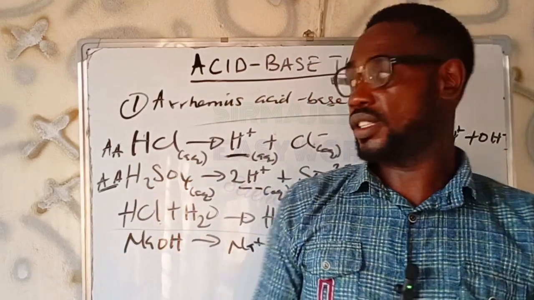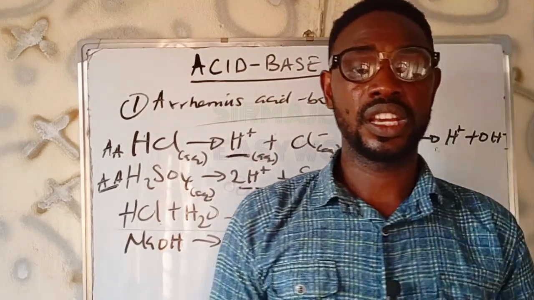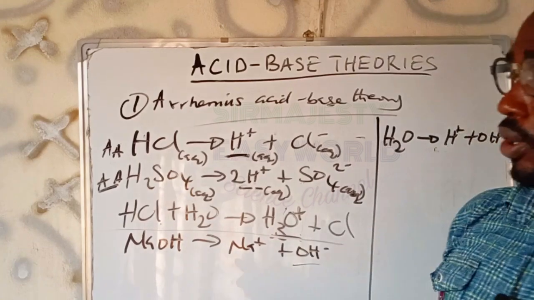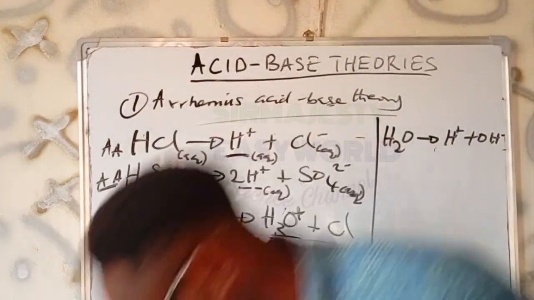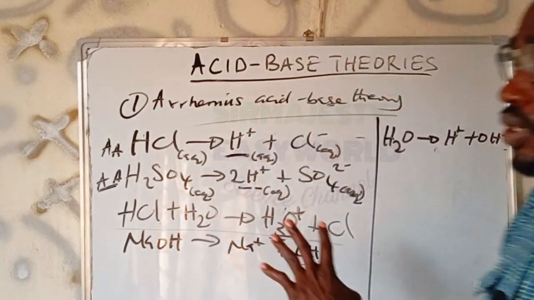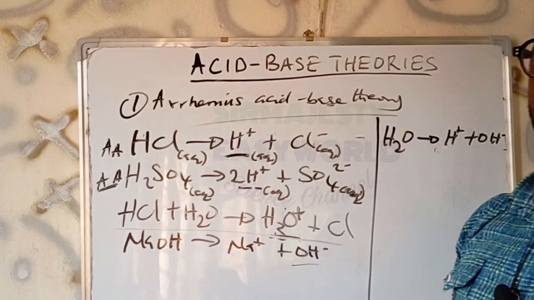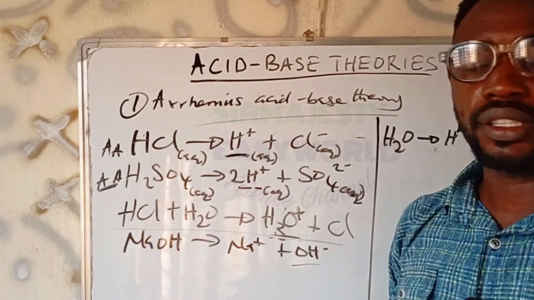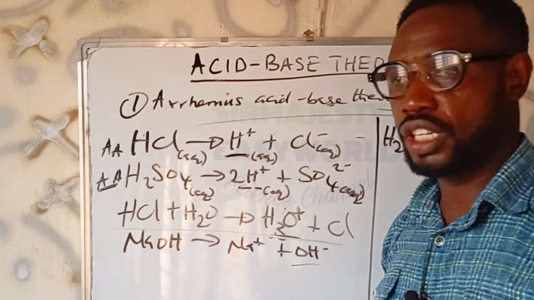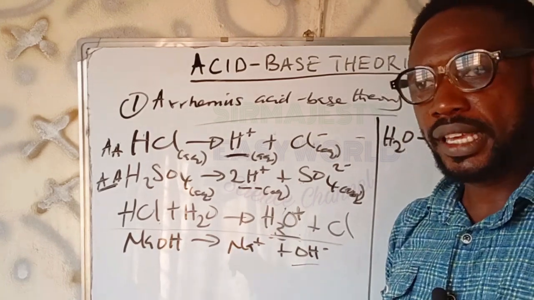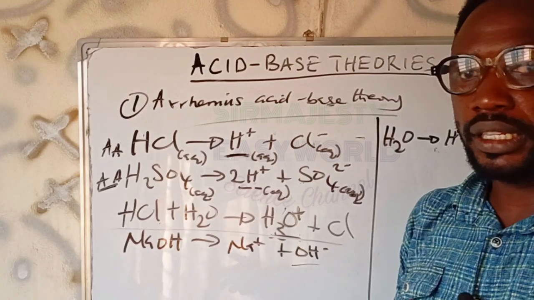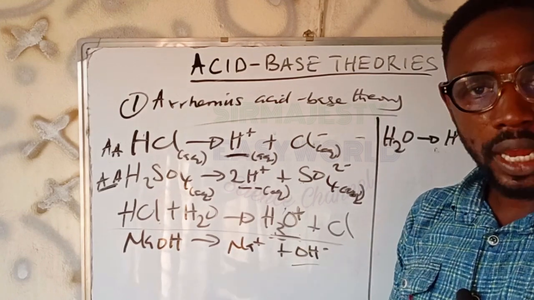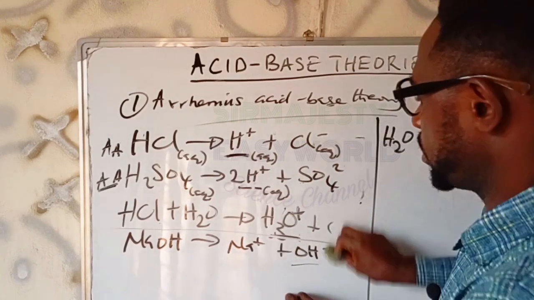One good thing about this definition is that it tells us the dissociation constant. Since he told us any substance that dissociates in water to produce hydrogen ion, this theory tells us the dissociation constant of acids, which is used to measure the strength of an acid. From the dissociation constant of an acid, you can say whether an acid is a strong acid or a weaker acid.